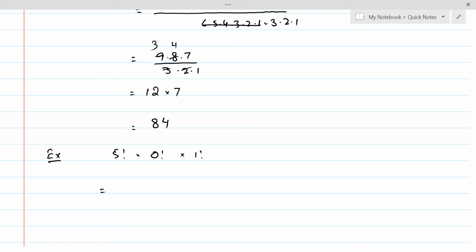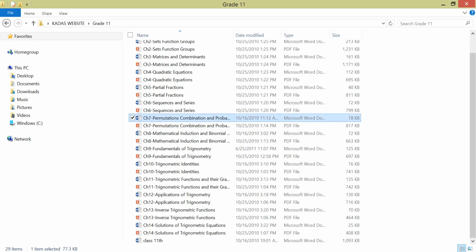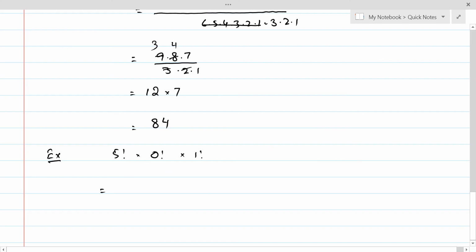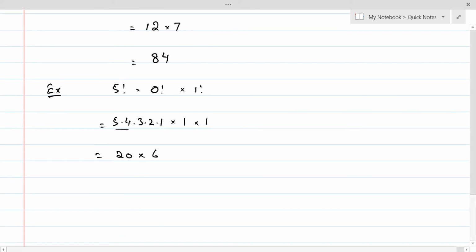Therefore, 5 factorial is basically 5 times 4 times 3 times 2 times 1, and 0 factorial is 1 and 1 factorial is 1 again. This is in fact 5 times 4, that is 20, times 3 times 2 times 1, that is 6, and this is equal to 120.